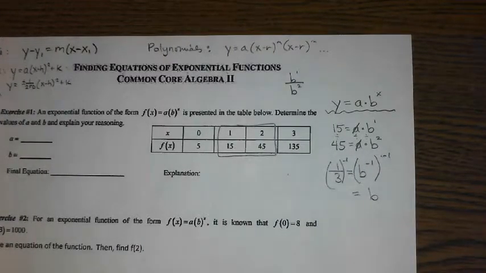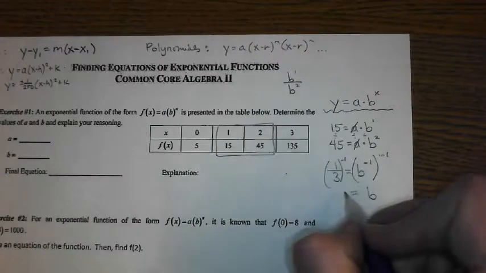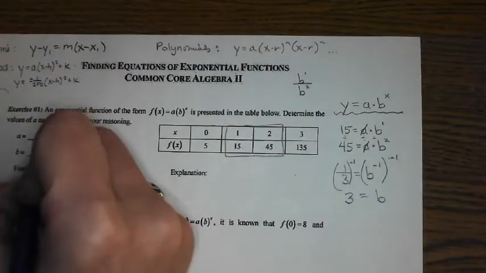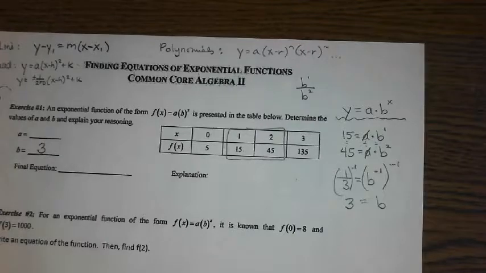And what is 1/3 to the negative first power? What does a negative do to a fraction? Flips it. So it's just going to be 3 to the first power, which is 3. So b equals 3.